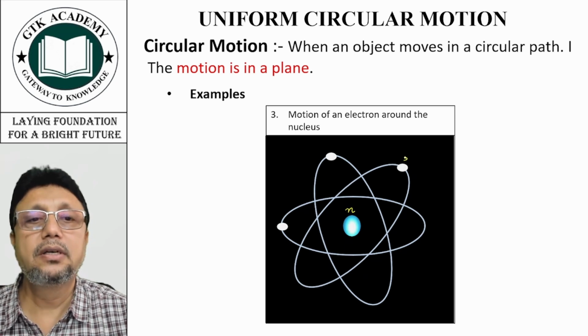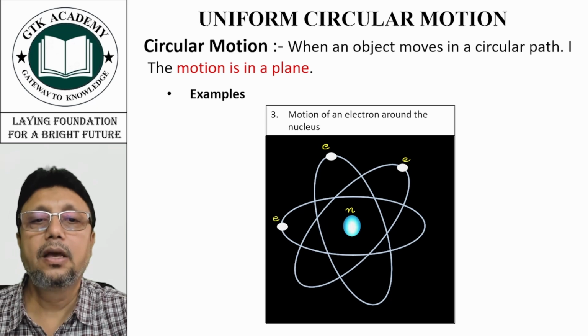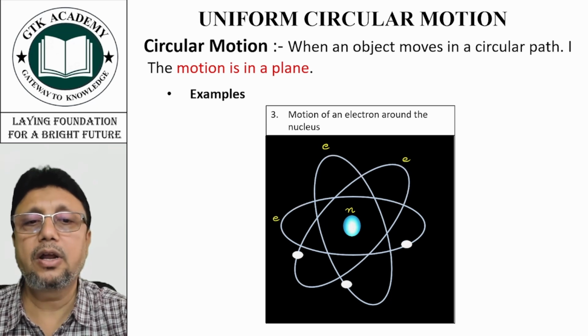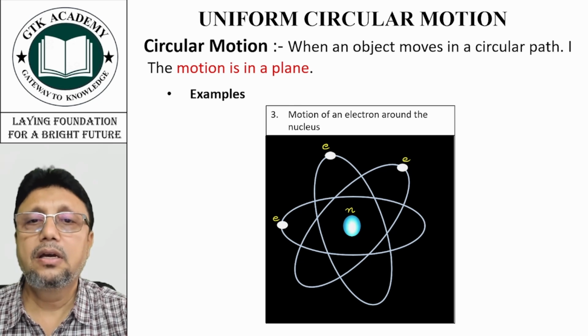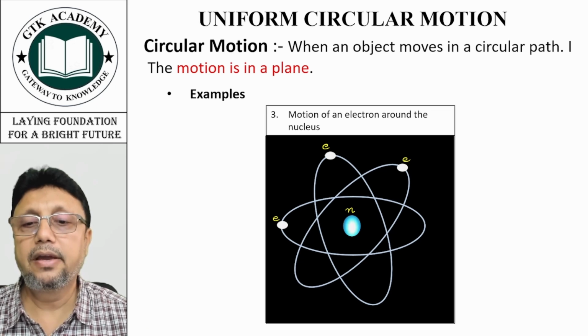This is the nucleus, these are electrons. So they also move around the nucleus in circular orbits. Anyway, their motion is not so simple, it's a complex motion, but that is not our topic here.